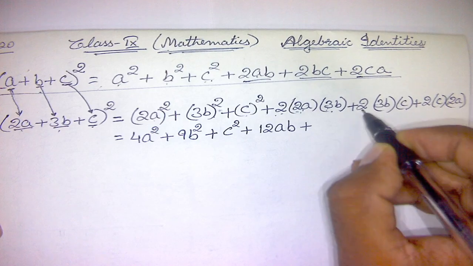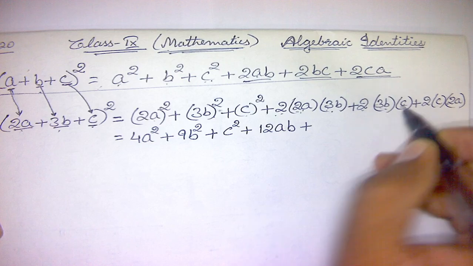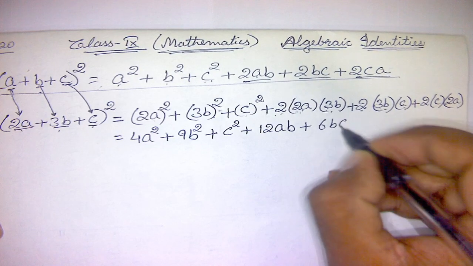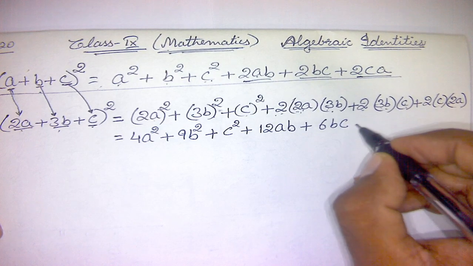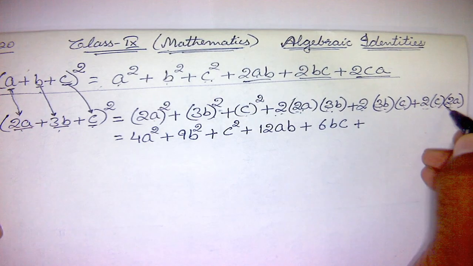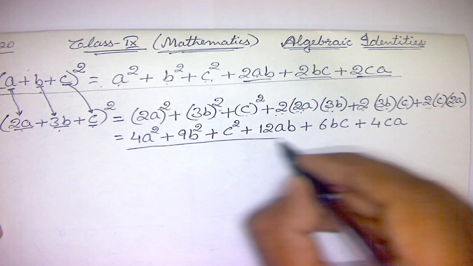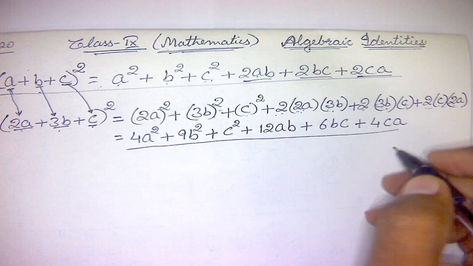Then plus 2 into 3b into c. 2 threes are 6, multiply b into c, so 6bc. And then plus 2 c and 2a. These three, when you multiply, you get 4ca. So this is the expanded form.